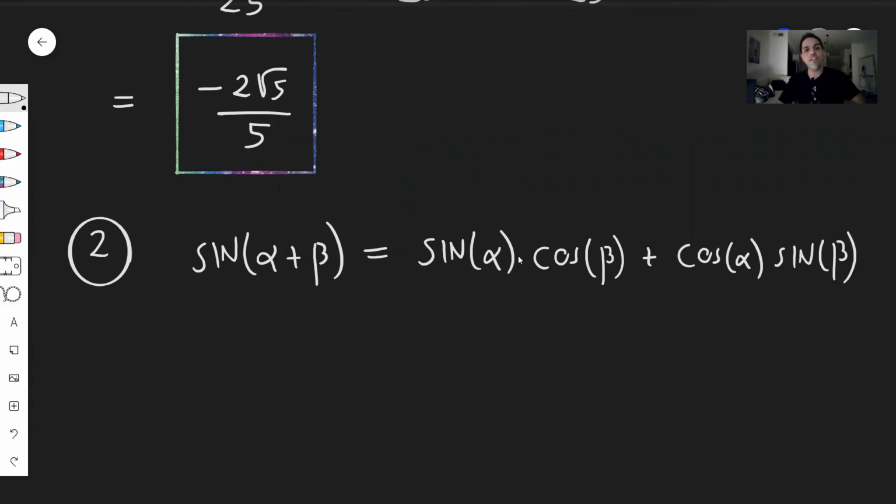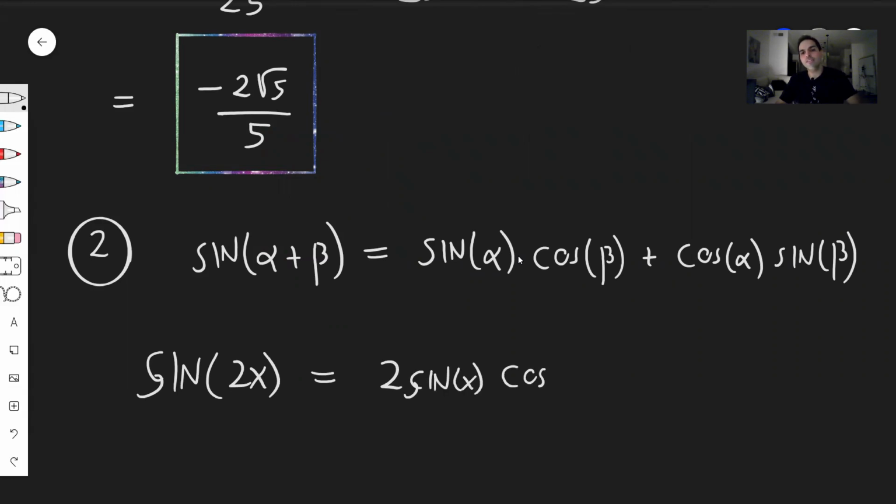So you flip it, and again, the way I memorize it is just, we do have the formula for sine of 2x. That's 2 sine of x cosine of x, which is really sine of x cosine of x plus cosine of x sine of x.